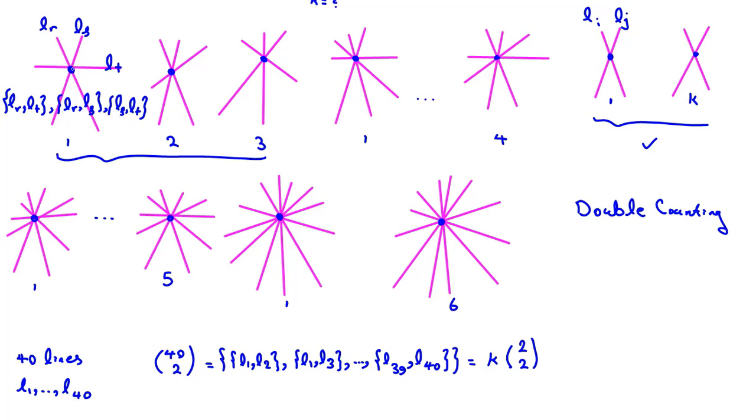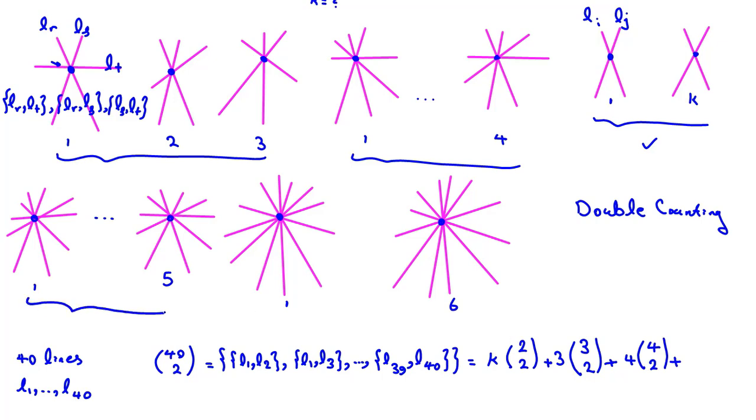So here, each of these intersections contains 3 pairs. So plus we have 3 of that, 3 choose 2, or 3 plus, for this one we have 4 intersections. Each intersection has 4 choose 2 pairs.